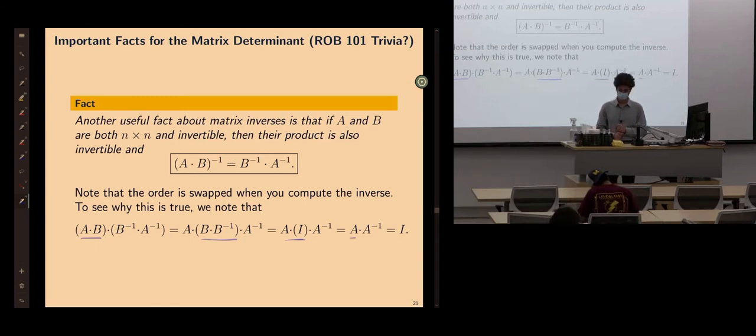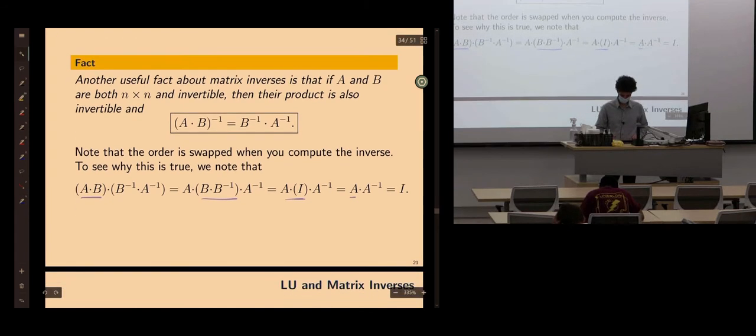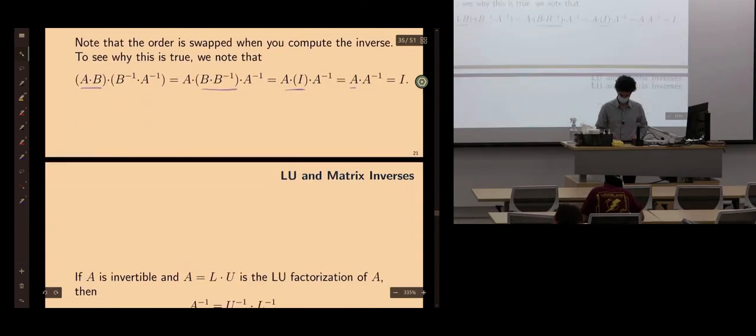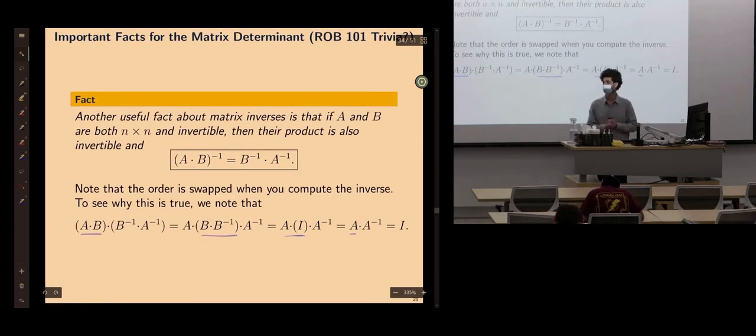So we learned that when you invert a product of two matrices, we flip the order. Is this clear? Do you have any questions so far? In case I'm going too fast.